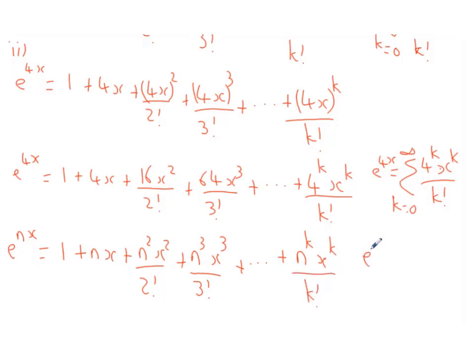So that would mean e to the nx equals the sum from k equals 0 to infinity of n to the k x to the k over k factorial. So now for that particular example, you can see why we really need the k's. And that was part 3.